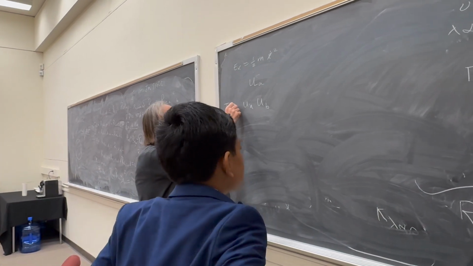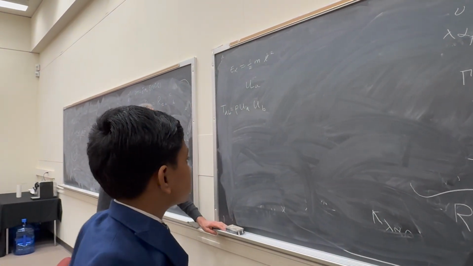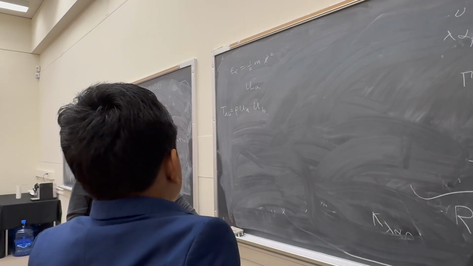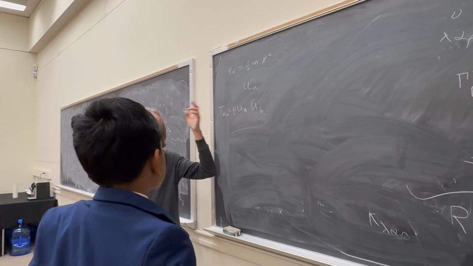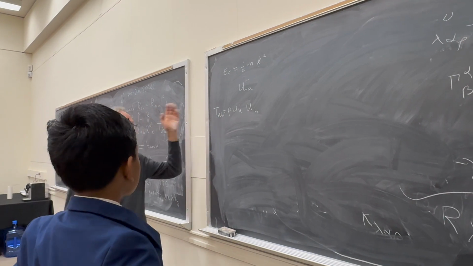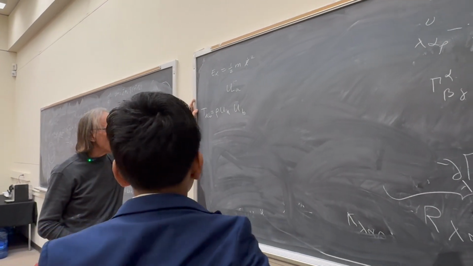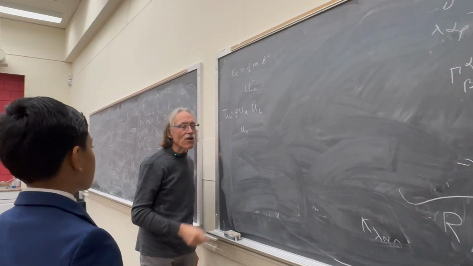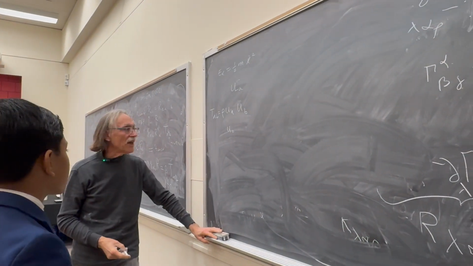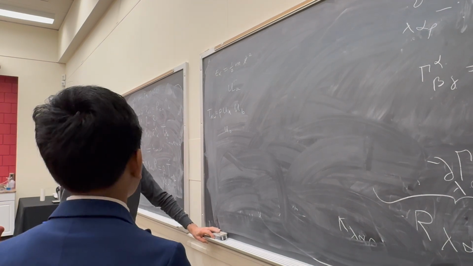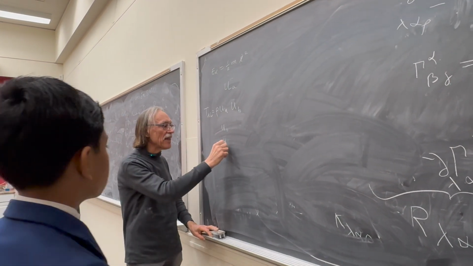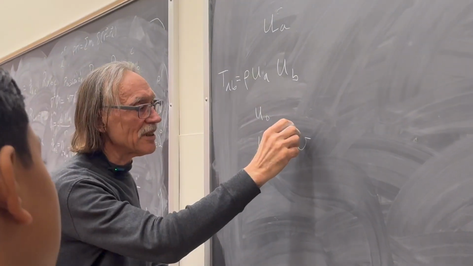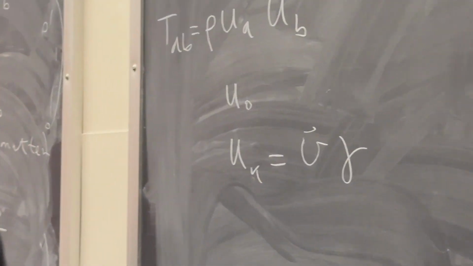So that is what you can make out of matter, and it has to have some density. So that's the energy momentum tensor. It includes both energy and momentum. U0 has only a gamma factor, and UK, the spatial components, are the velocities times gamma.